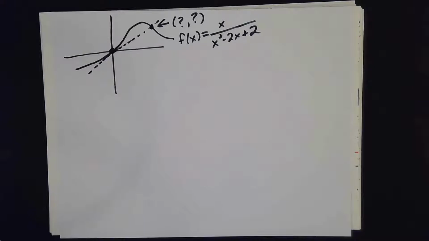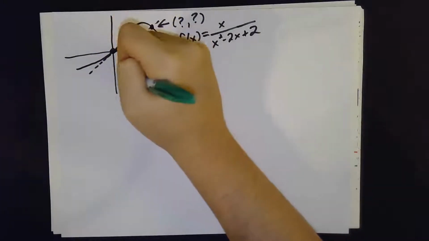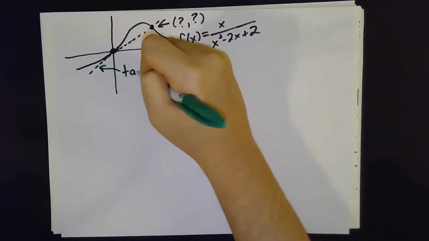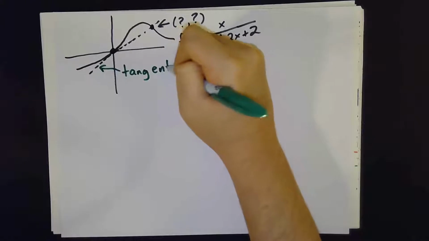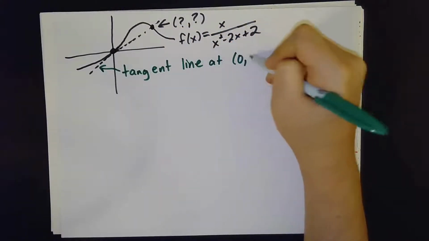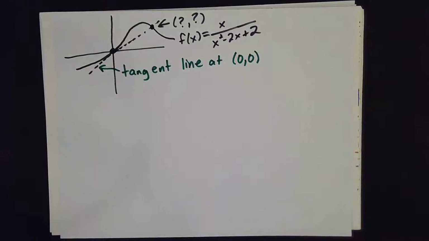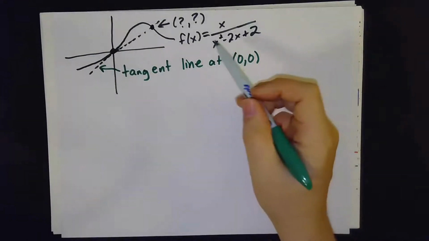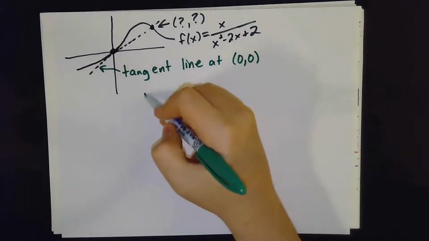Okay, let's come back and make sure we're on the same page about how to do this kind of question. So the key thing here to notice is that this dashed line is the tangent line at the origin. So I should be able to find that. To do that, I'm going to need the derivative, of course.